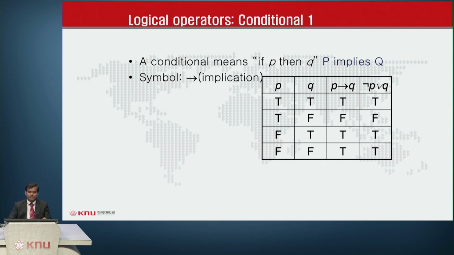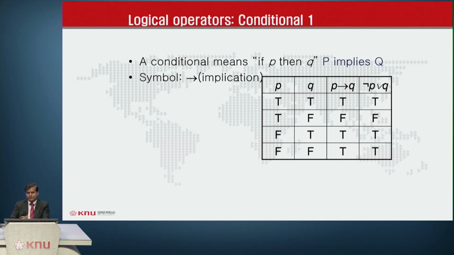Given P and Q, P implies Q. You can notice the part especially where P implies Q is false. The only time it is false is when P is true and Q is false. In that case, the output is false.